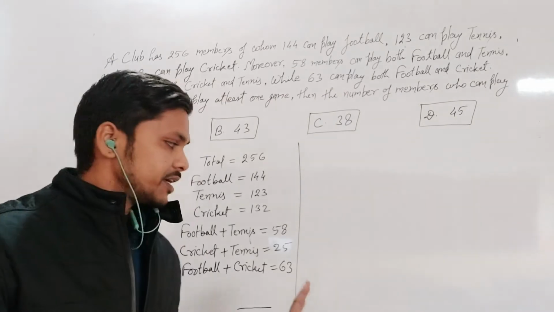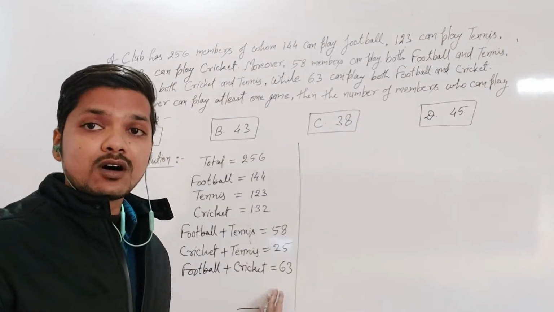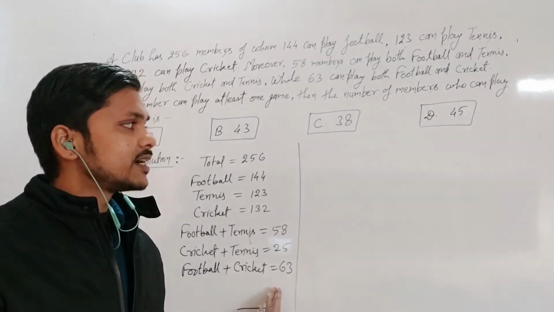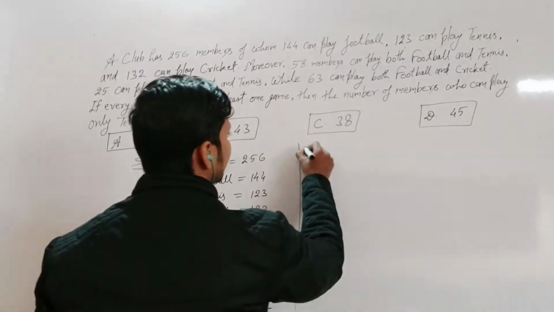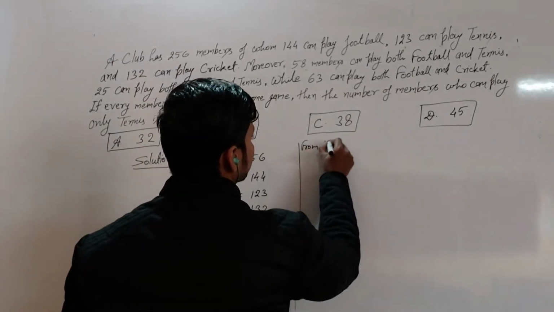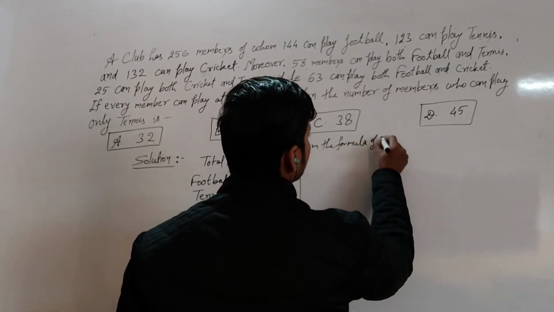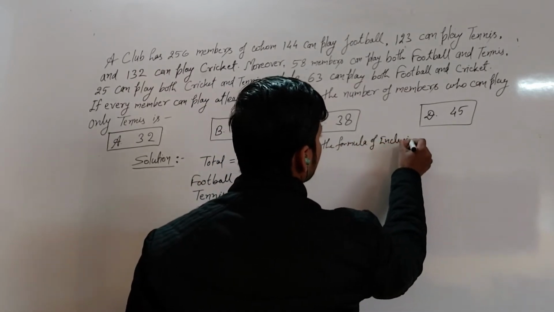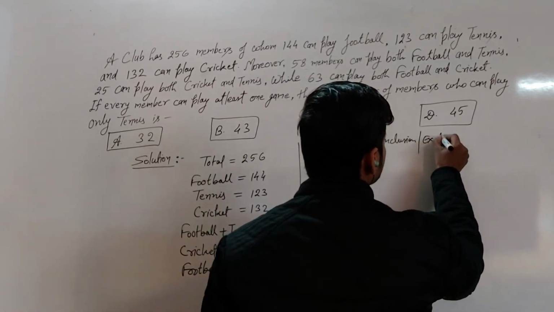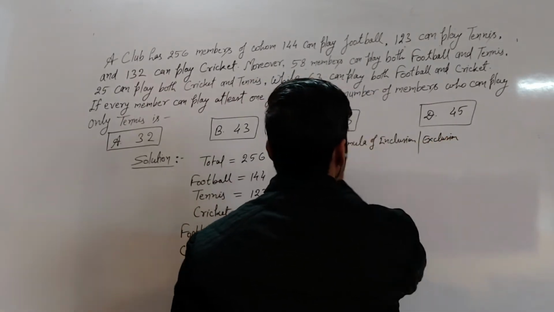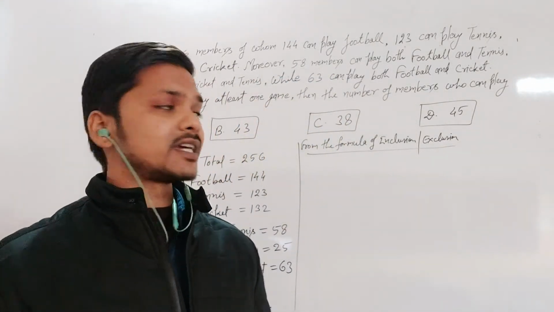Now we will apply the formula which is called the union of three sets, or the formula of inclusion and exclusion. This formula we apply for three sets.